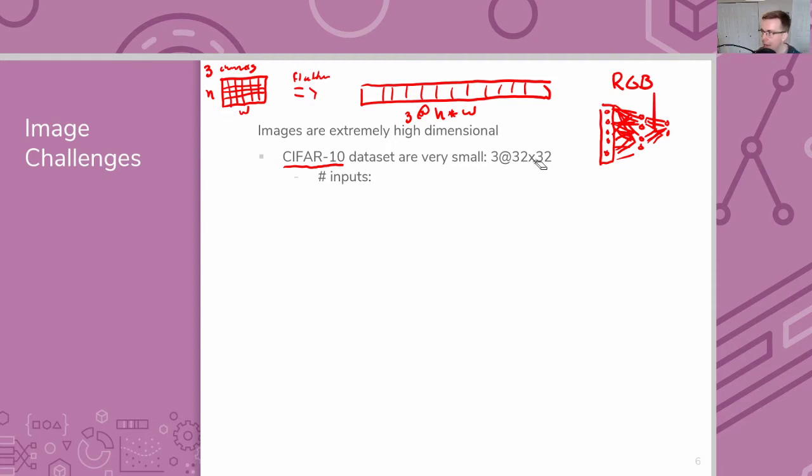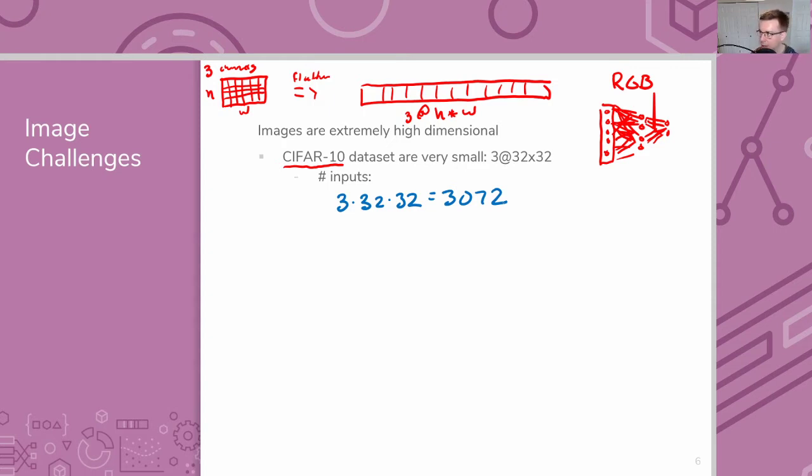So if we were just going to make a neural network that worked on CIFAR-10 data with this kind of straightforward transformation of flattening, how many inputs would we have? Well, we would have 3 times 32 times 32 for a total of 3,072 input features.